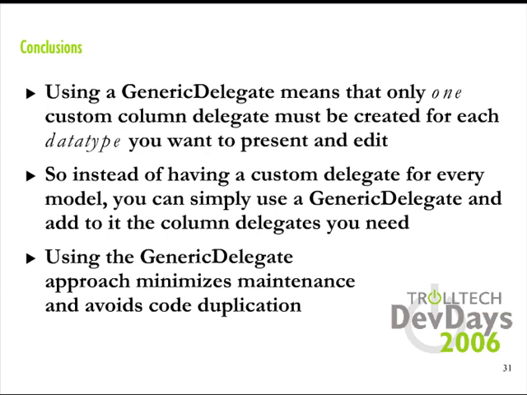And I think that will save you a lot of duplicate code. And also, of course, it's easier from a debugging point of view, because if you've made a mistake in one model, then are you going to have to replicate the fix across loads of custom delegates for all of them? Whereas with this, if you mess up your rich text delegate, you only have to fix it in one place. Okay, you do a lot of rebuilding, but still it's only one fix in one place. So I think it's a nice technique to use.